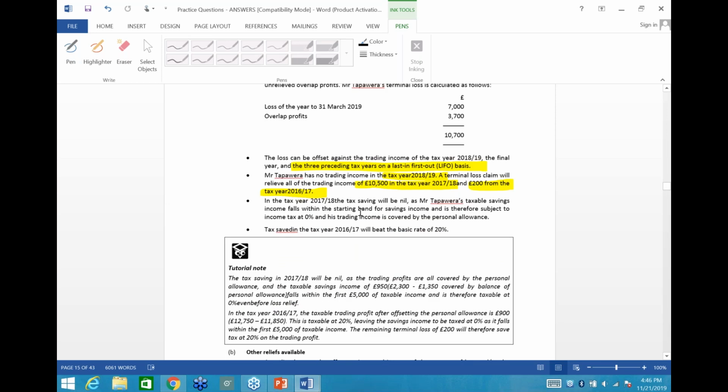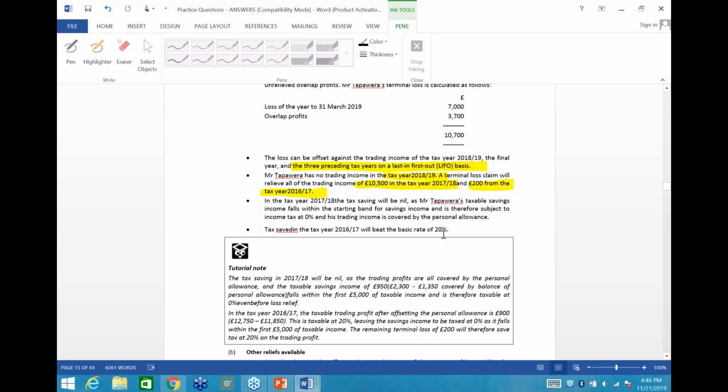In the tax year 17-18, the tax saving will be 0, as Mr. Tapp's taxable savings income falls within the starting band for savings income and is therefore subject to income tax at 0%, and his trading income is covered by the personal allowance. Tax saved in the tax year 17 will be the basic rate of 20%.